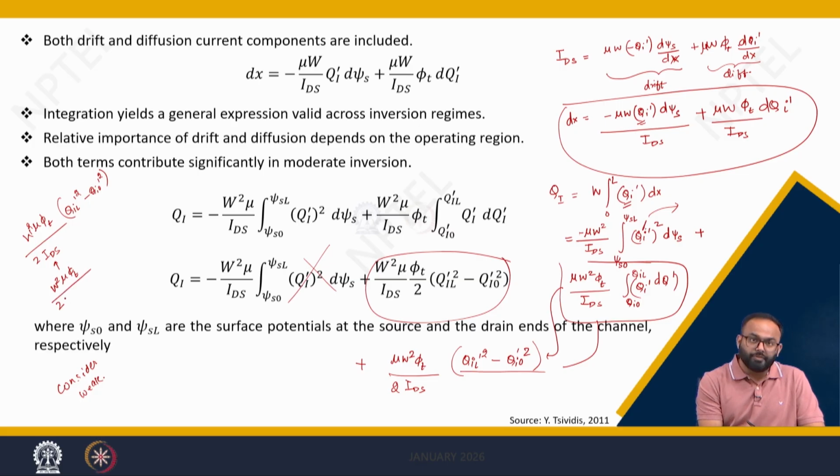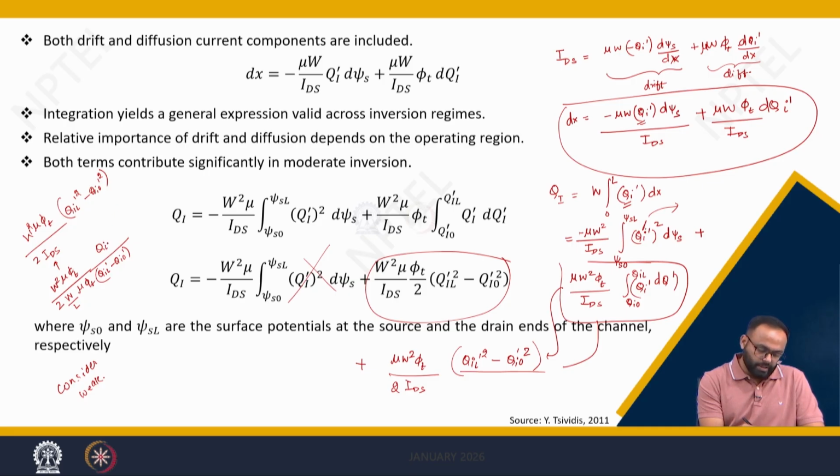Now IDS for the weak inversion we have already derived as W divided by L into mu into phi t, right, and into QiL dash minus Qi0 dash. And in the numerator you can just split it as a square minus b square as a plus b into a minus b.